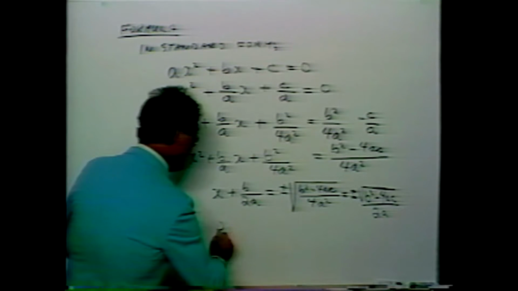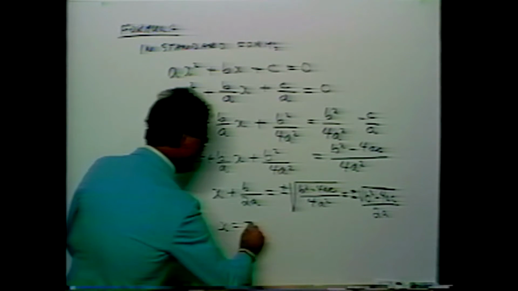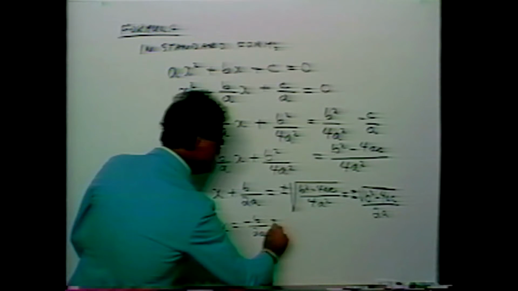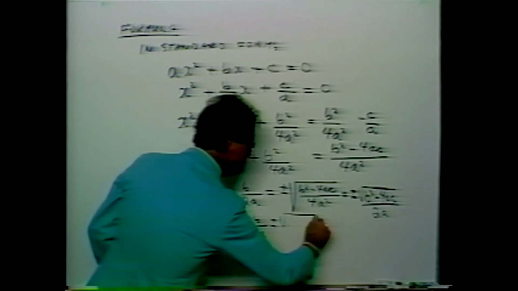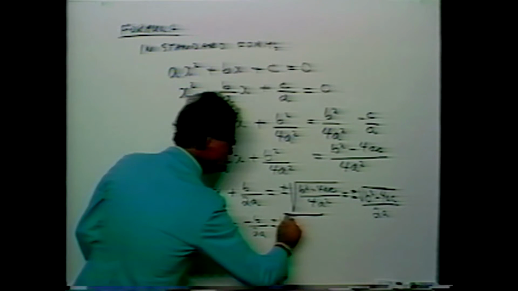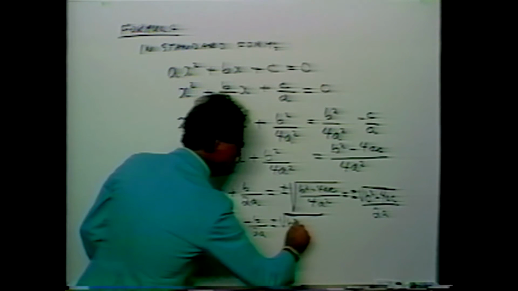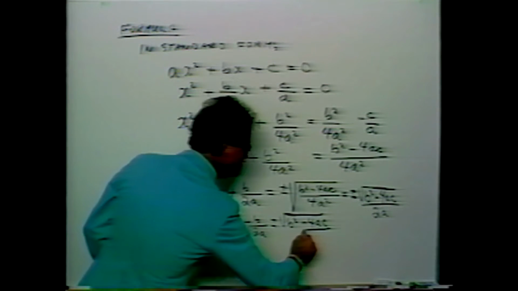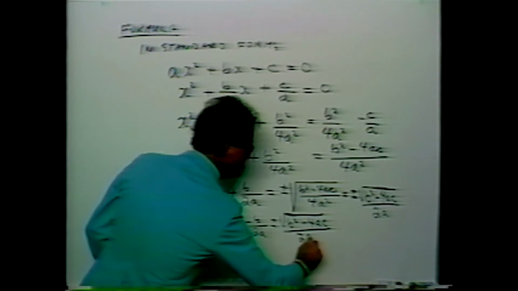Now, to solve for x, taking the constant b over 2a on the other side of the equal sign, the result is x equals minus b over 2a plus or minus the square root of b squared minus 4ac over 2a.